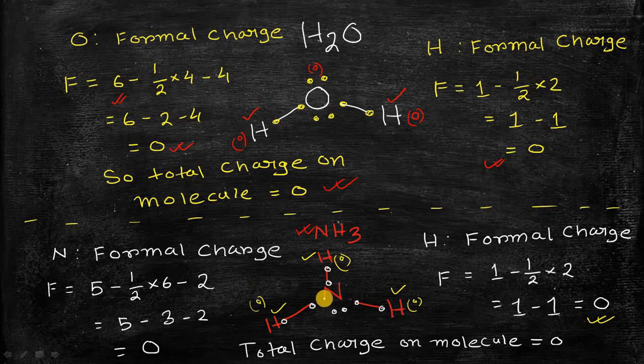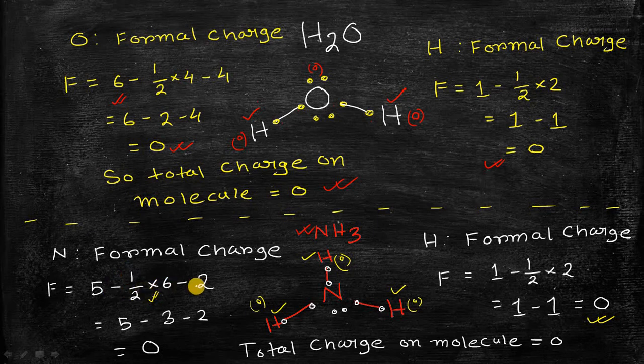Now what about the central nitrogen atom? As I have told you, nitrogen is a group 5 element, so the number of valence electrons will be equal to 5. Then you can see that there are a total of 1 2 3 4 5 6 bonding electrons. So we have to assign the number of bonding electrons, that is half into 6.